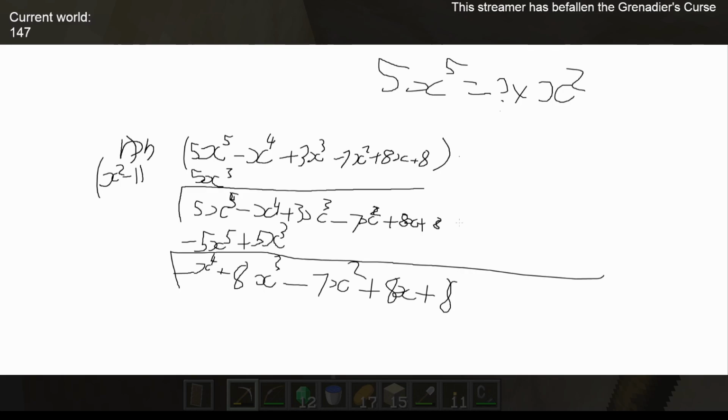Negative x to the power of 4 equals what times x squared? That's negative x squared. You times that out, you get plus x to the power of 4, and then you do minus x squared times negative 1 gives you positive x squared, so you minus it, minus x squared.